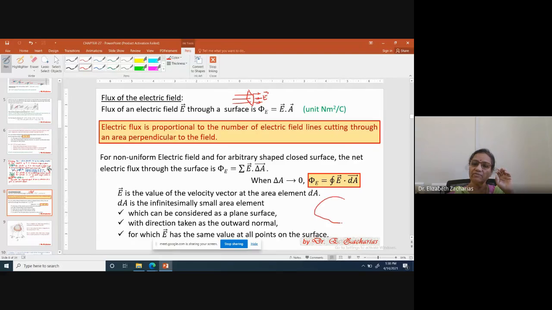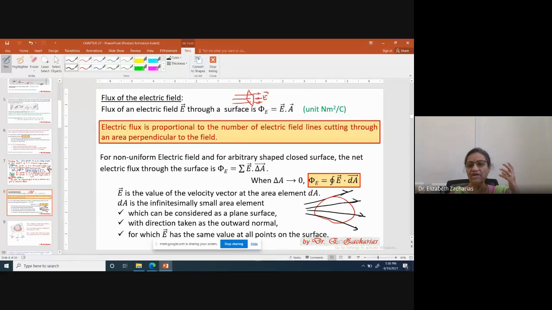Let us say this is my arbitrary closed surface, and I am talking about some electric field which is like this. Then I can see that the electric field is non-uniform. And how do you integrate this E dot dA?